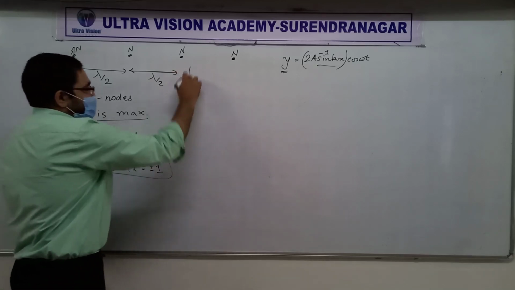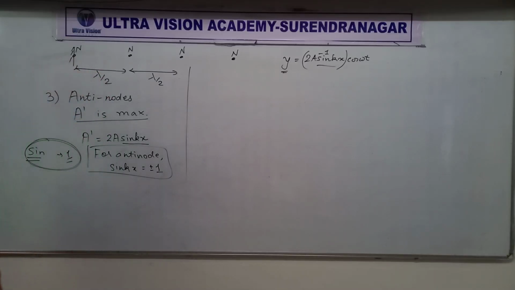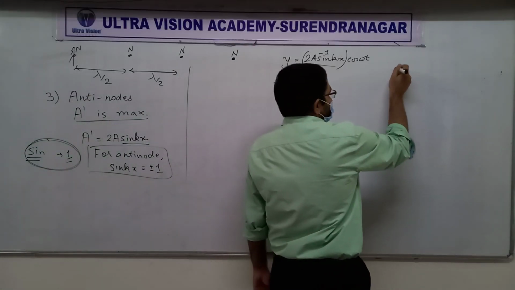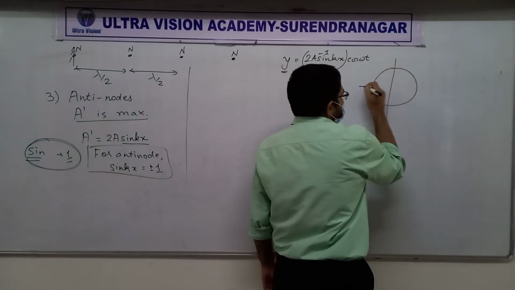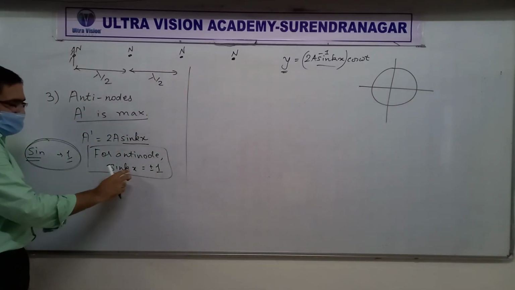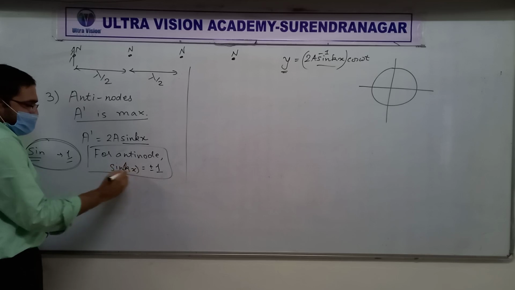So let's try to put that in the form of angle. Let's go to the unit circle. Everyone, here is the unit circle. We want sine's value to be +1 or -1.